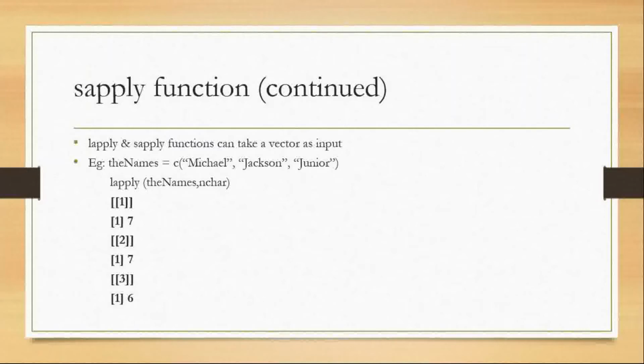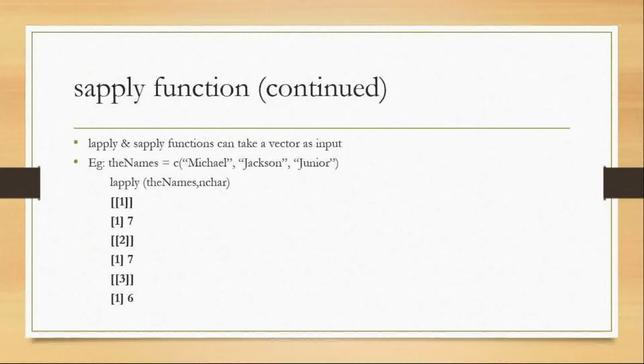As already said, lapply and sapply functions can take a vector as input, because a vector can be treated as a special case of a list where all the values are of the same data type. Hence, it's applicable.